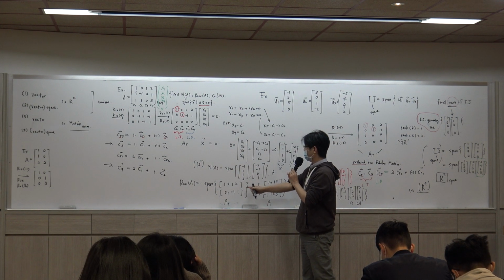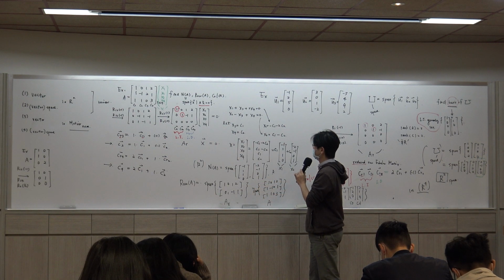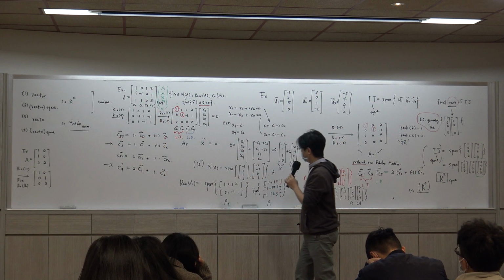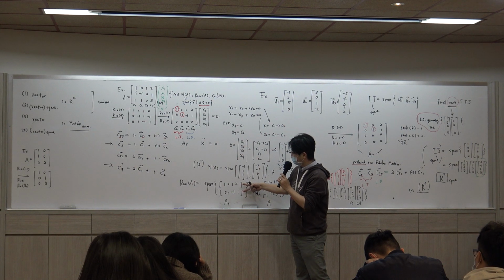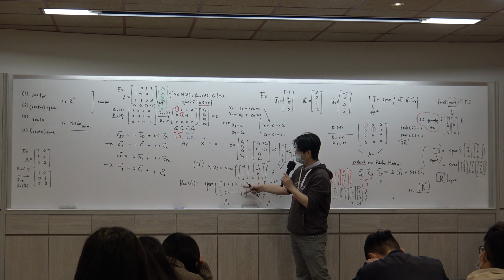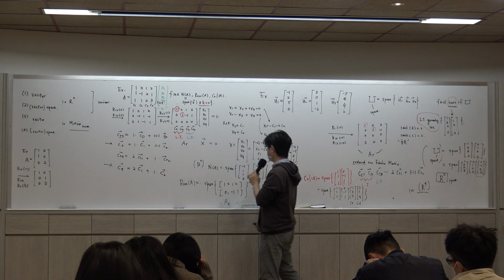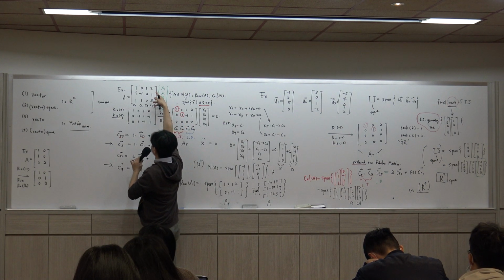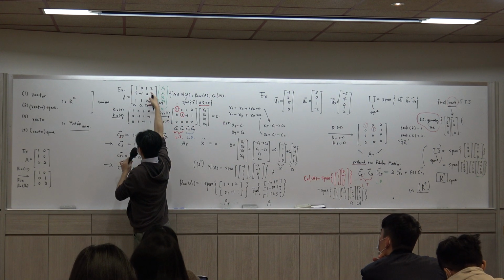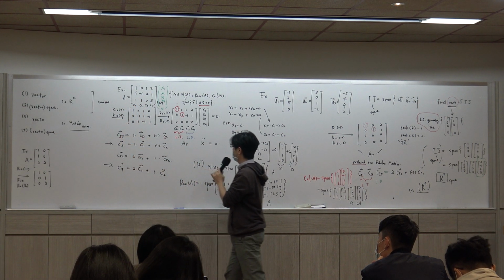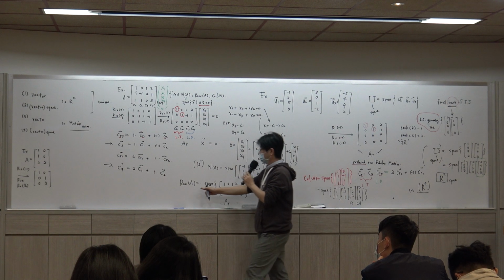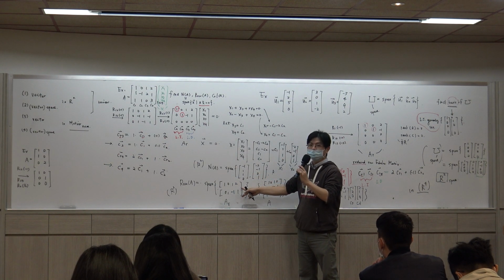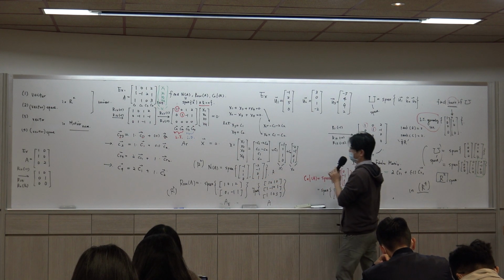Okay. So the row space, we have two linearly independent vectors here or here. So we can use the two linearly independent vectors to span the row space of A, or we can use the three row vectors in the original matrix. But this space is an R2 space because you have two linearly independent vectors.